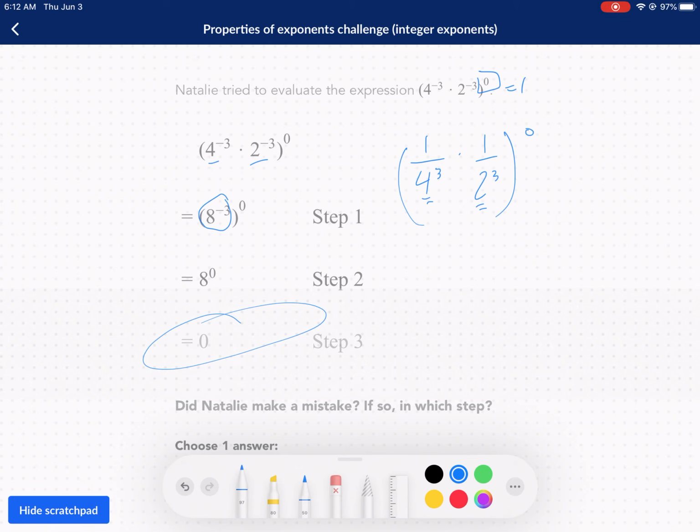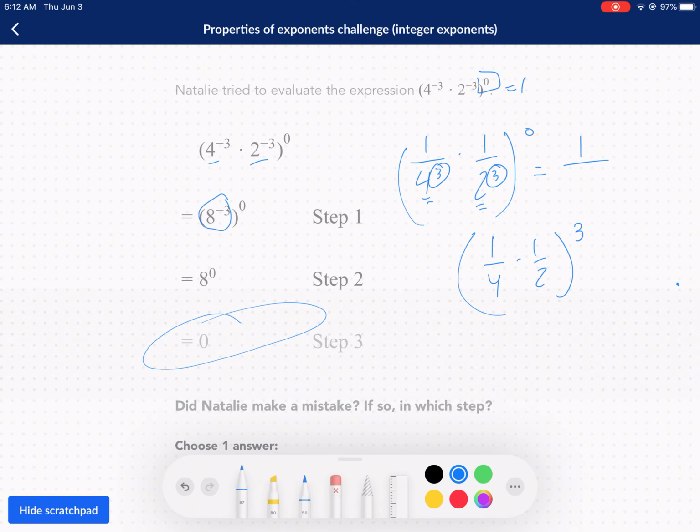So let's just double check here. We can check, and let's see, times, that's 64, and then that's, okay, well, actually, so check this out. Because they're both raised to the 3rd power, sorry, let me go back. 1 over 4 times 1 over 2, and we can put it like this.